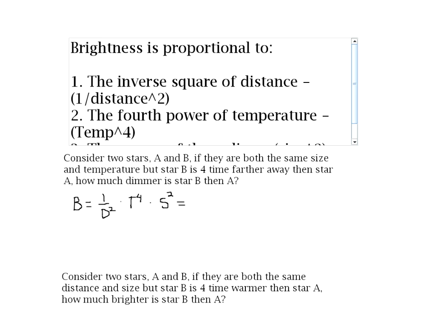The distance is 4 times larger, and it'll be squared. The temperatures are the same, so those are just times 1 and times 1 again. So the brightness factor between these two is that star B will be 1/16 the brightness of star A.